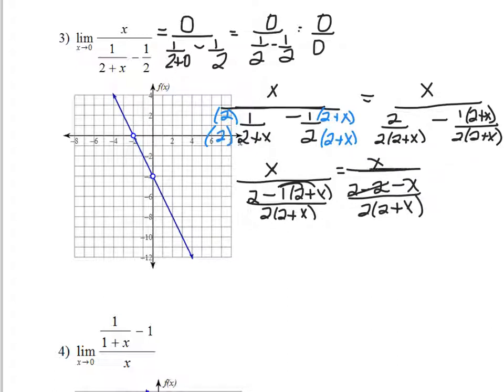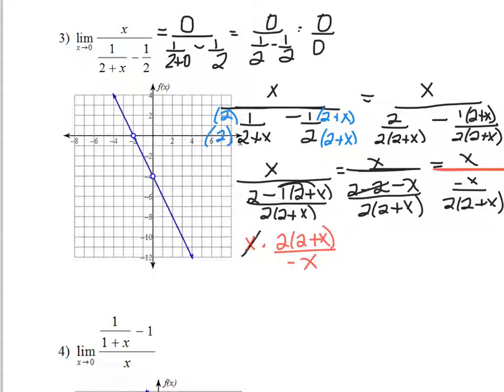The 2 minus 2 cancels to 0. So I have x over negative x over 2 times 2 plus x. So if this is my fraction bar, I'm going to keep, change, flip. Whenever we divide fractions, right? We keep, we change, we flip.